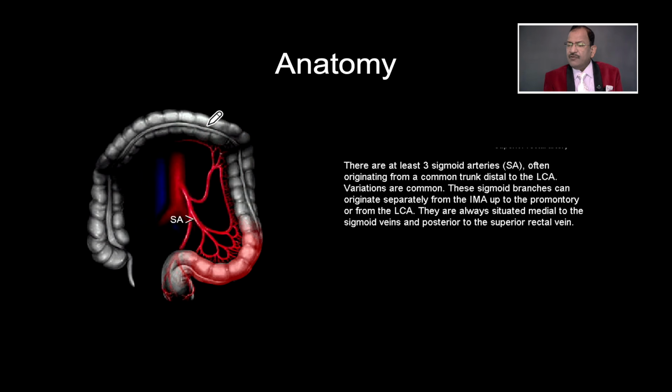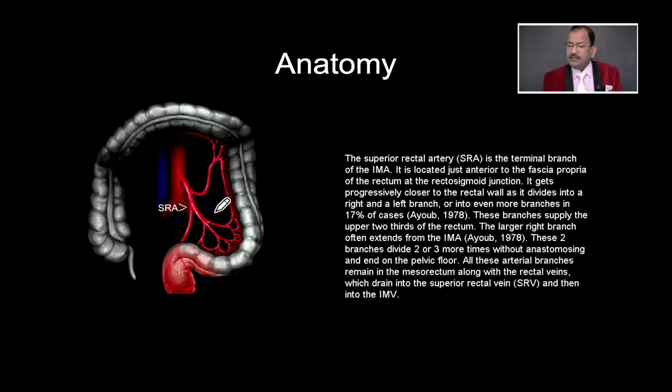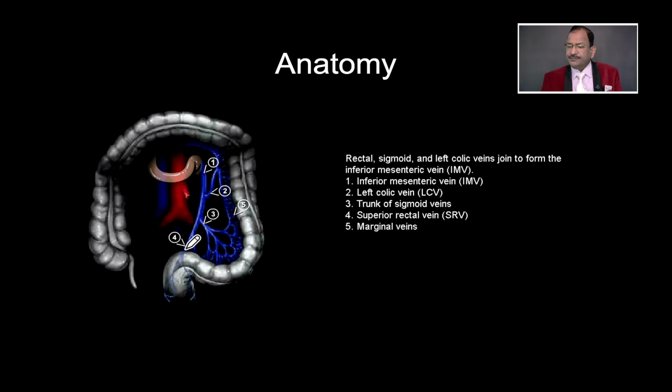Then the main sigmoidal artery has multiple branches, which are called marginal arteries, and those marginal arteries supply the sigmoid colon. And this is the superior rectal artery, which supplies the rectum. These can be sacrificed without any problem.